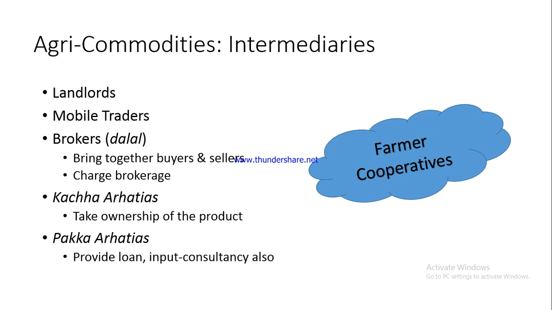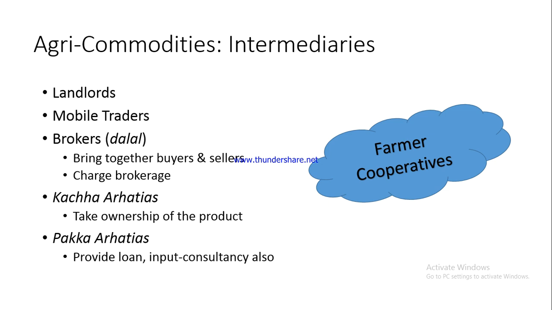Apart from that, many times farmer cooperatives also buy in bulk the various agri inputs that the farmers require, including the seeds and the pesticides and at times the agri machinery, and then they distribute them. Naturally, since they would be buying in bulk because they've clubbed up the requirements of all the farmers, they would be able to get a discount, so the cost saving would be passed on to the farmers. Many a time this is one more activity that these farmer cooperatives indulge in.